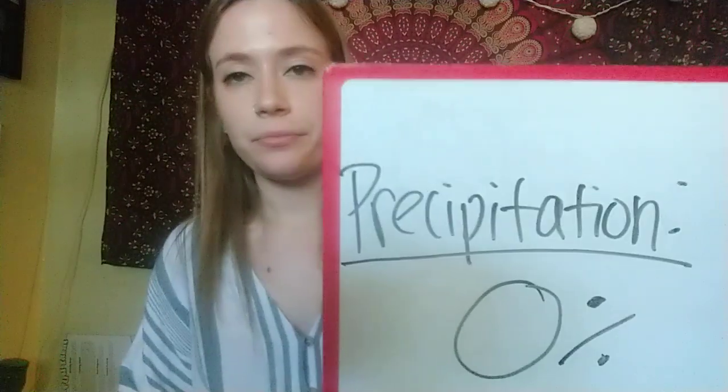Precipitation, and 0%. So remember, if that blue line is straight across like that, we are not going to have precipitation today, and it is 0%. And I'm looking up at the sky right now and see nothing but big, beautiful blue skies. So it will not rain today.